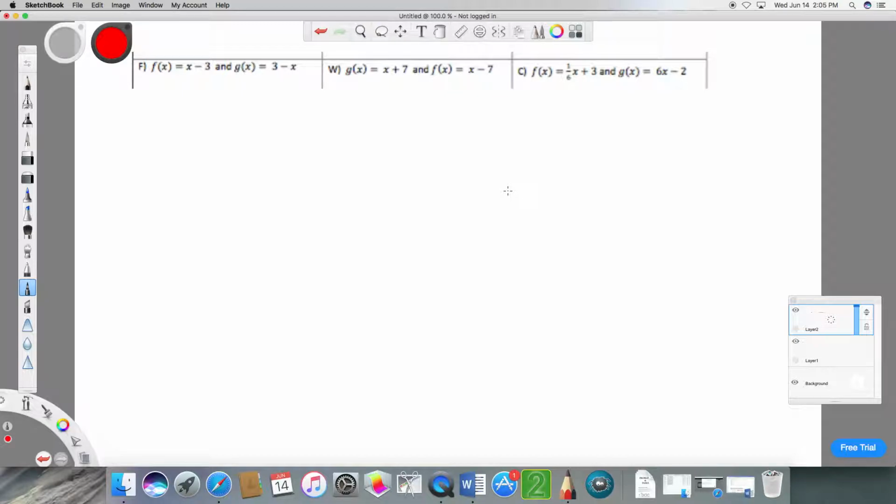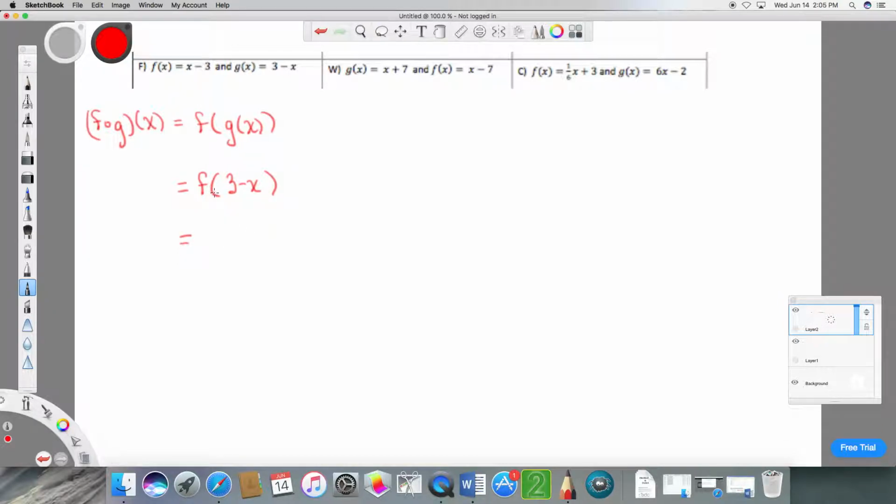So let's jump in on this first one and find f composed with g. So g is the input of f. g is this linear function 3 minus x. f is the linear function x minus 3.